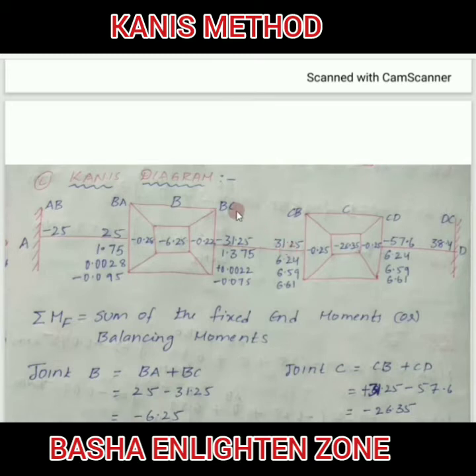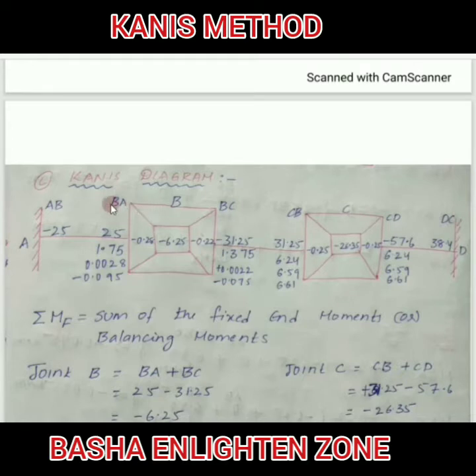At the same time, if I want to calculate BC, AB and CB are the forends. For BA, BC is the near end. Similarly, for BC, BA is the near end. So you always remember this point. For B, A is the forend and C is the forend.